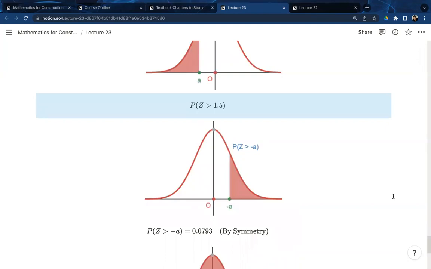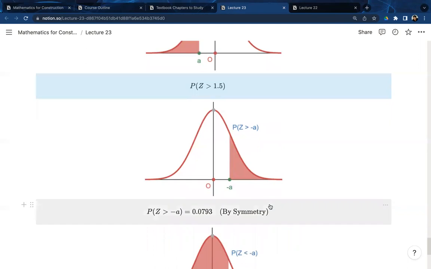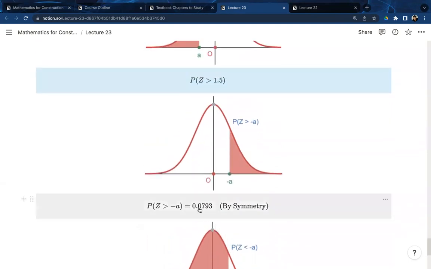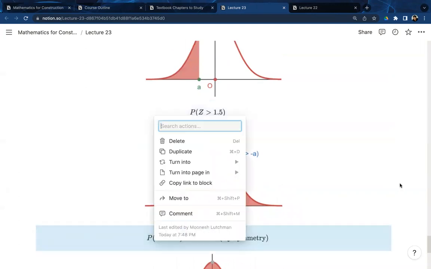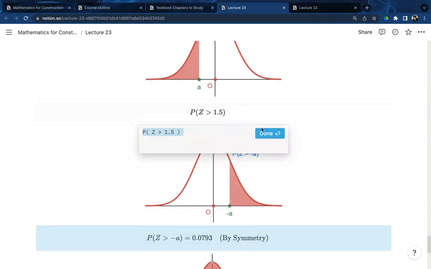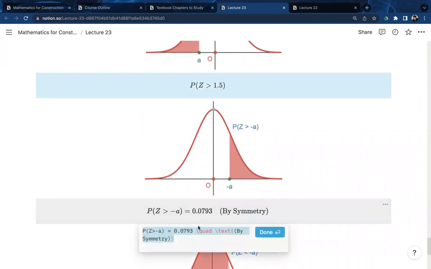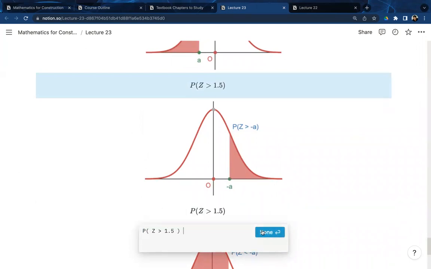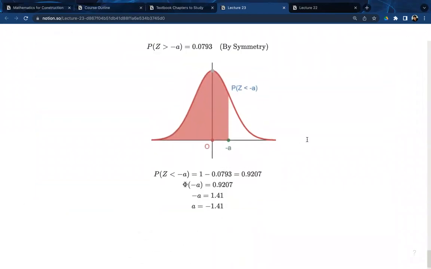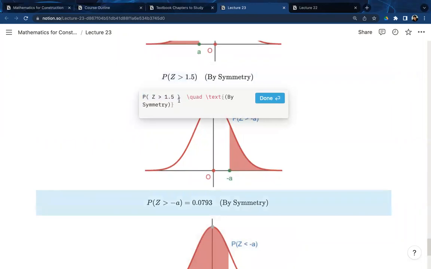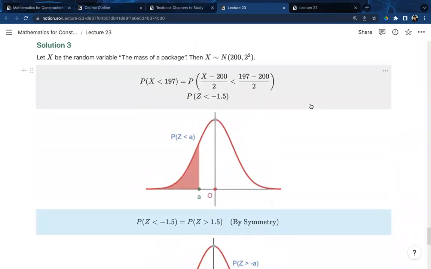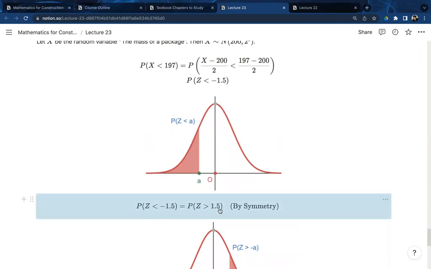Again, the table can't give you that directly. But the probability that Z is less than negative 1.5 is the same as the probability that Z is more than 1.5, by symmetry.